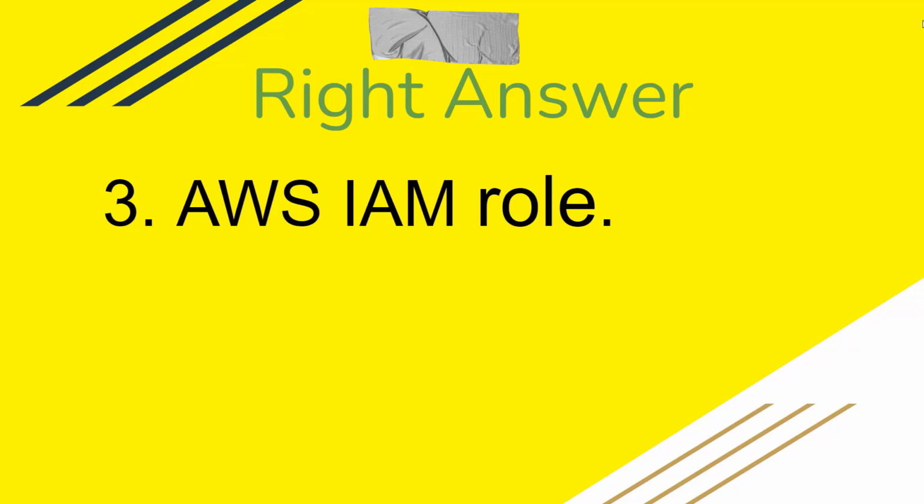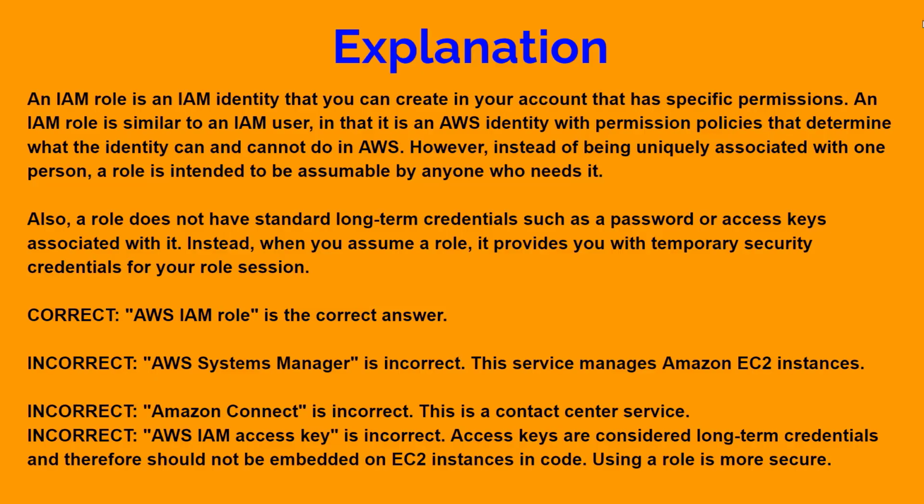AWS IAM Role. Explanation. An IAM role is an IAM identity that you can create in your account that has specific permissions. An IAM role is similar to an IAM user, in that it is an AWS identity with permission policies that determine what the identity can and cannot do in AWS.